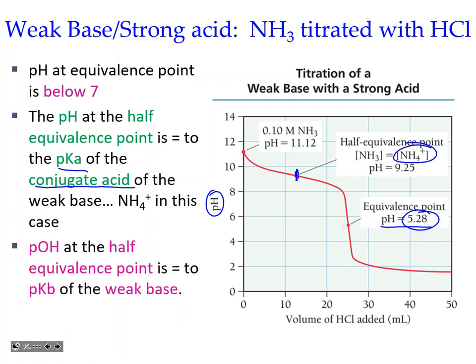However, this is the problem with the base problems, because everything's measured in pH. You can convert stuff over to pOH if you want to make it easier. pOH at the half equivalence point is the pKb of the weak base. But you'd have to start by first converting the pH to the pOH, and then you can work backwards to the Kb that way.